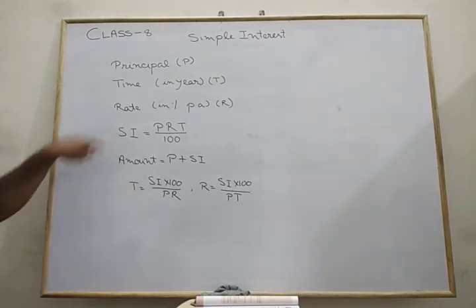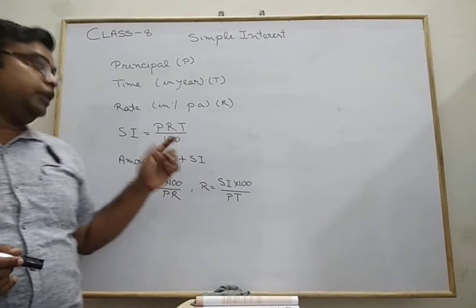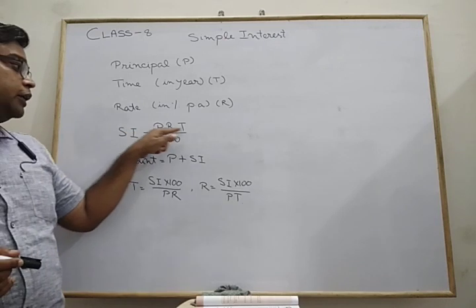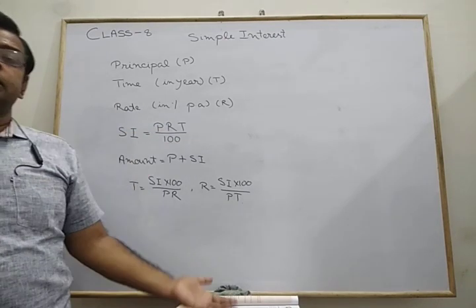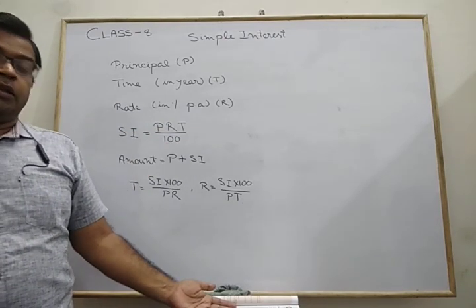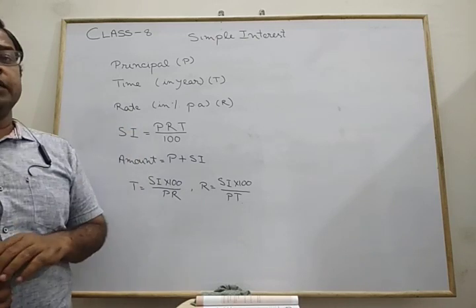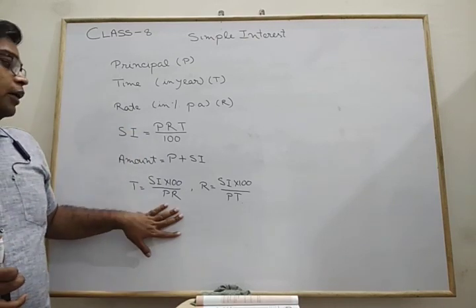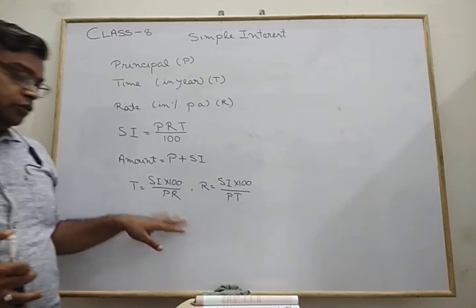From this we can easily find any unknown quantity. There are four quantities, and if any one is missing, then with the help of the other three we can easily find the next one. So let's start.